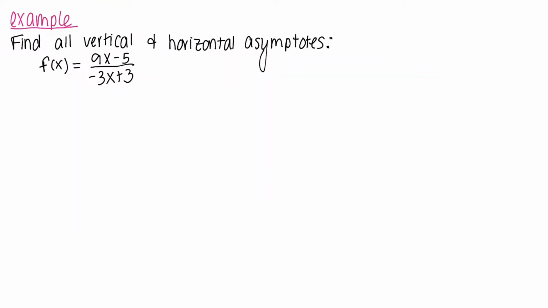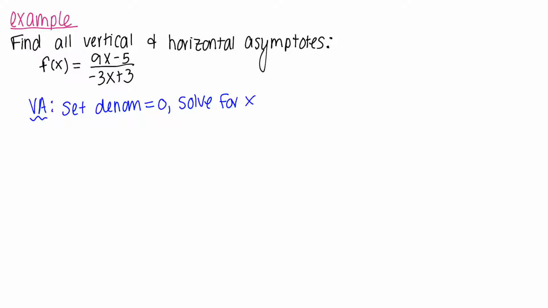Let's start with just finding vertical and horizontal asymptotes. So here we have the function f of x equals 9x minus 5 over negative 3x plus 3. For the vertical asymptotes, that's where you're setting the denominator equal to 0, and then solving for x.